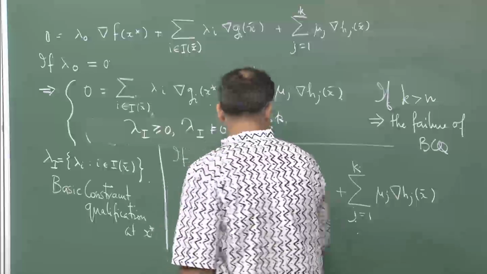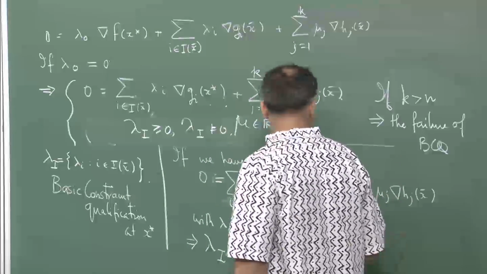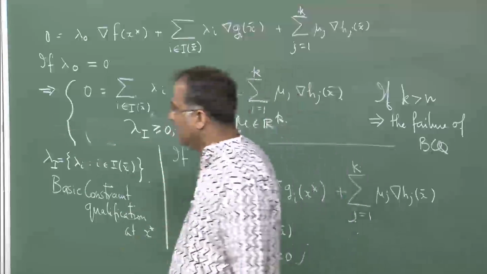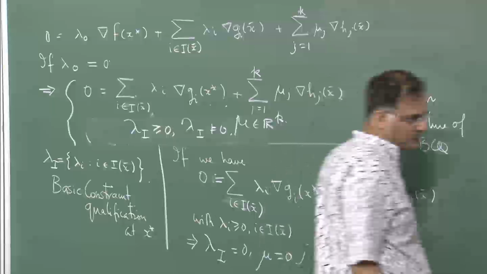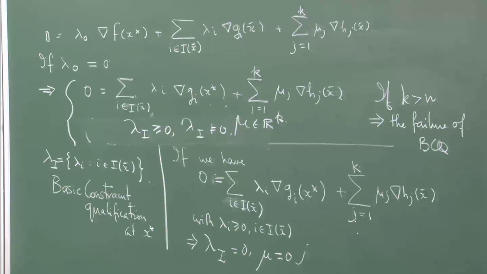And obviously, if this system has a solution, then this is anyway linearly independent. So finally, we have MFCQ equal to BCQ, and that will end the talk here today.